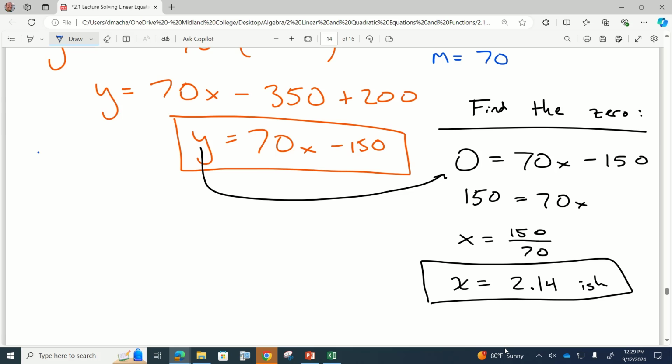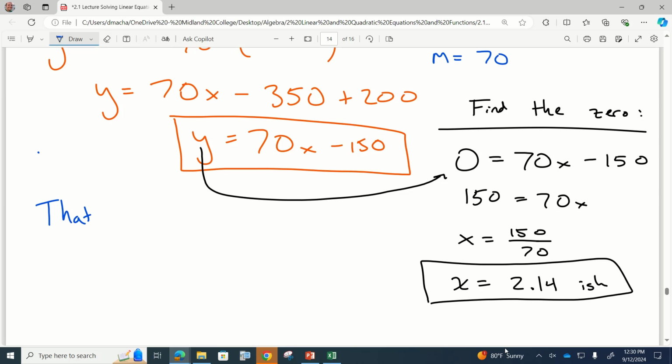Good question. And the last bullet point says, what does this mean, right? In the scope of my problem where the train is going away from Midland, what does it mean when I say the 0 happens at x equals 2.14?